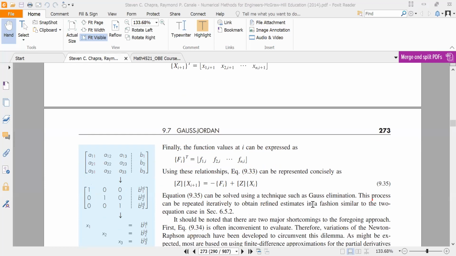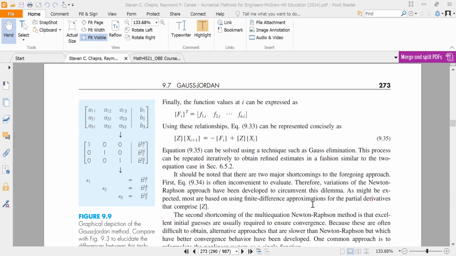Then another variant of our Gaussian elimination technique is called the Gauss-Jordan method. I hope you used this in matrix inversion or in your earlier courses of linear algebra. What is the difference between this technique and the naive Gauss?